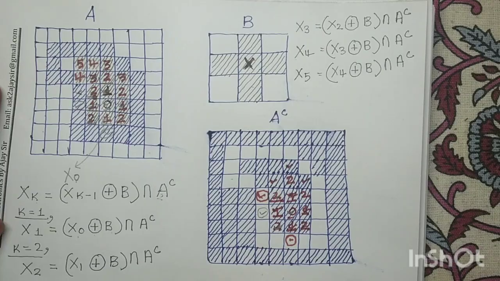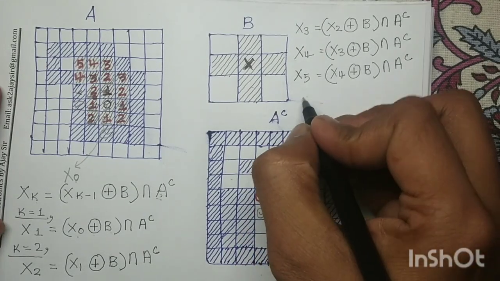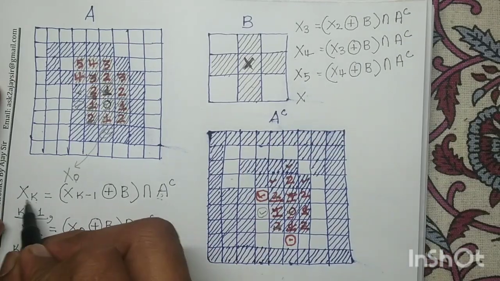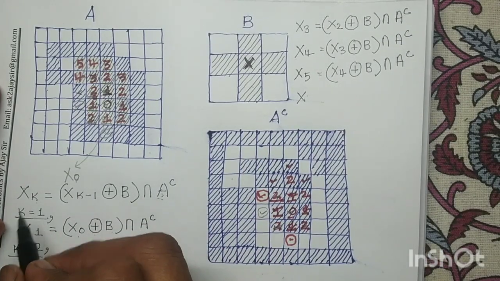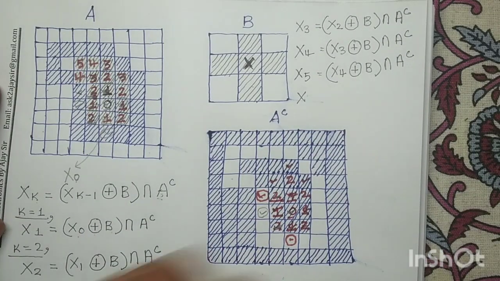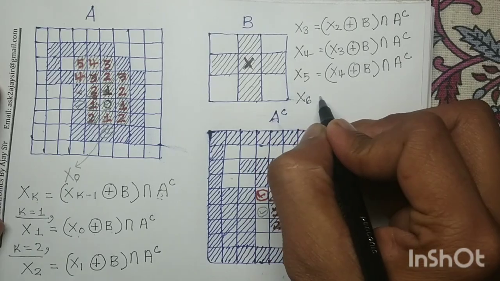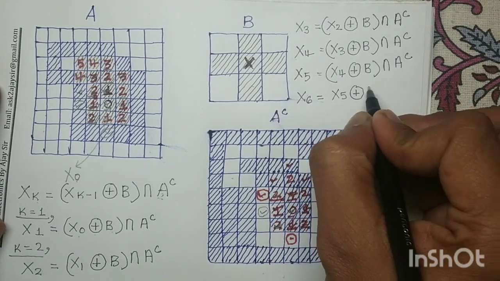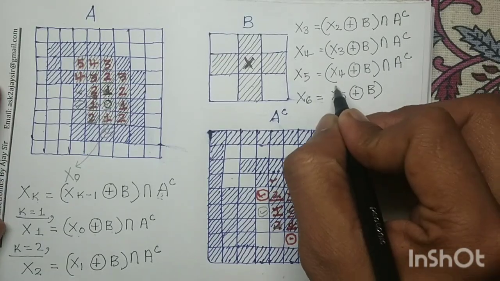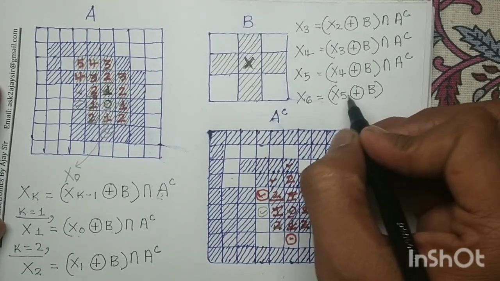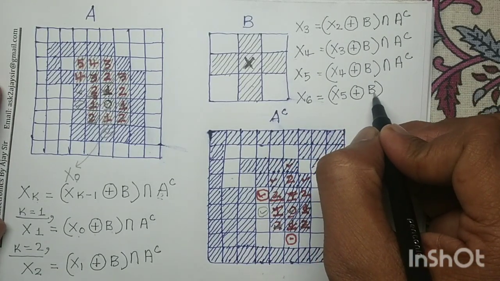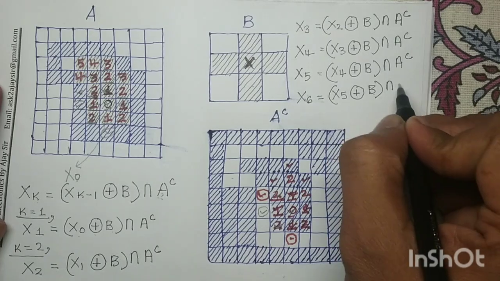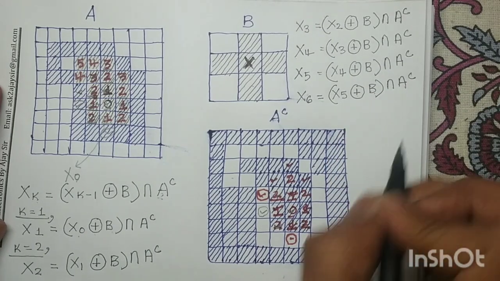After completion of the fifth iteration, it's time for the sixth iteration. If you perform the sixth iteration, in this equation in place of k I will substitute 6. So X6 is equal to X5 intersection with the structuring element B. Sorry, X5 dilation with the structuring element B intersection with A complement.